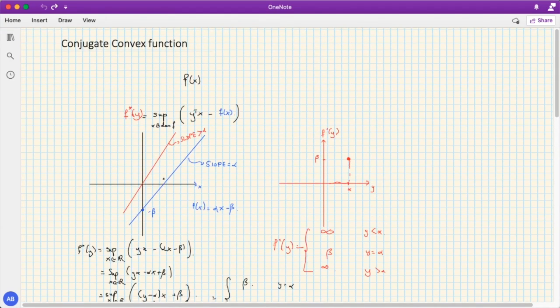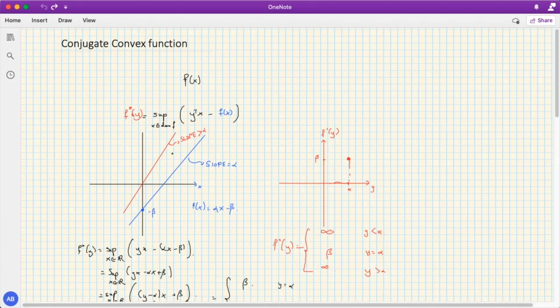We gave interpretations of conjugate functions. If you look at this thing in 1D, you don't have a transpose anymore. You have yx minus f of x, all in 1D. Y is 1D, x is 1D, and of course f of x is 1D. So in this particular case, we saw that the conjugate function is nothing other than a function of the slope of the straight line. So varying the slope of this line, Y would be the slope of the line yx.